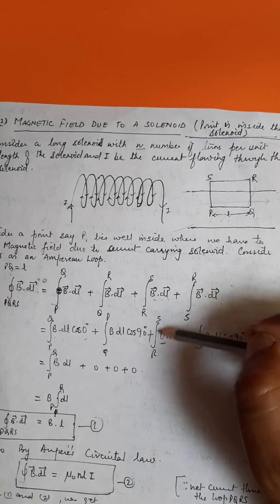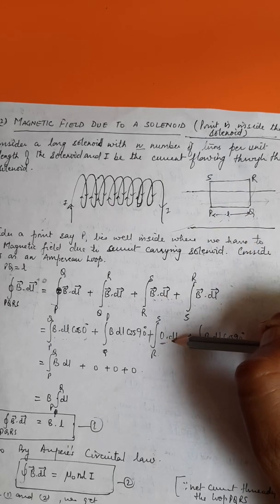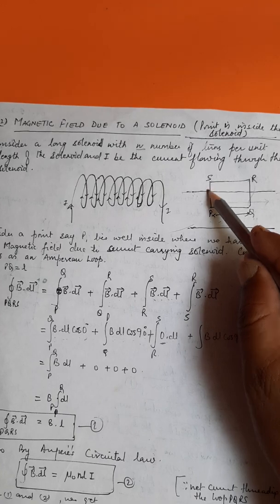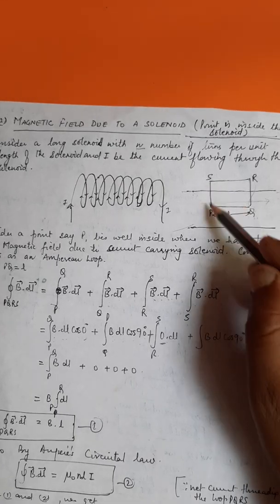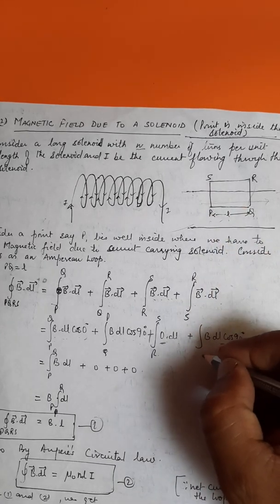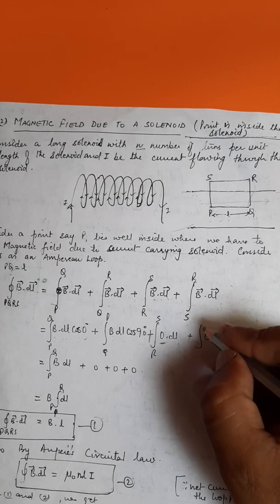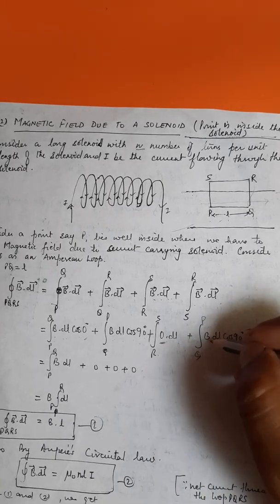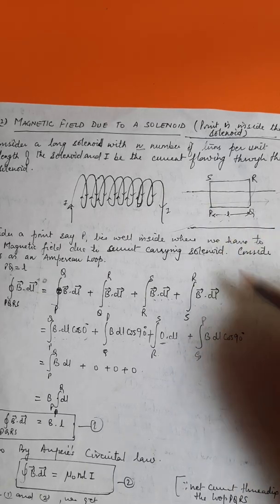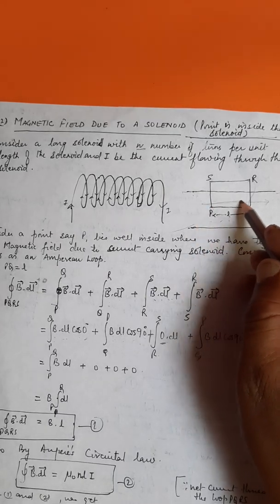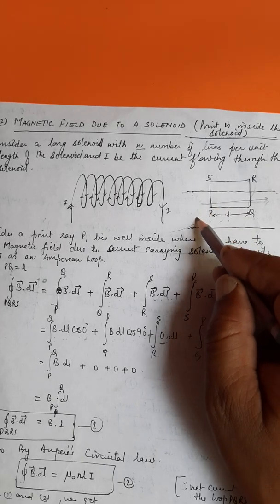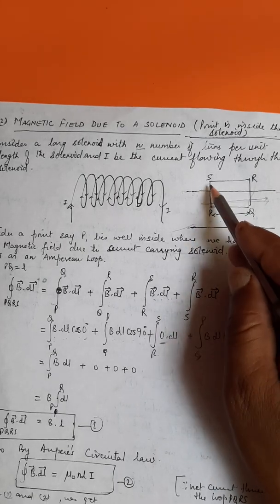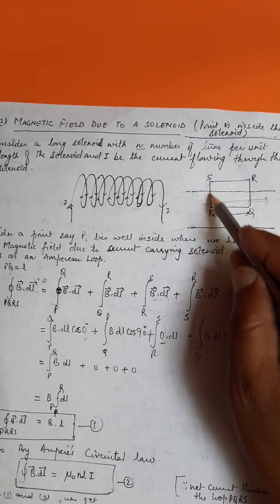For the fourth part, S to P, B dot dl is again B dl cos 90, as the magnetic field is parallel to the axis and so perpendicular to the path SP.